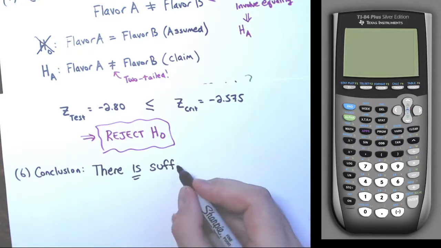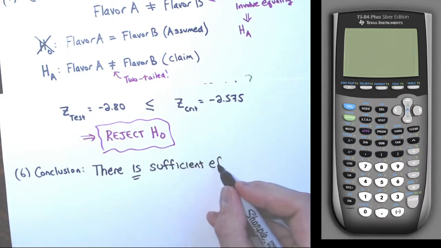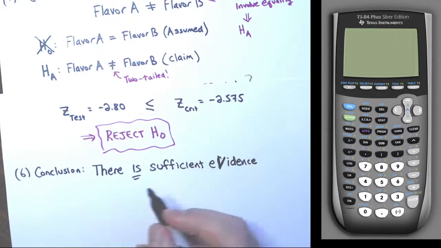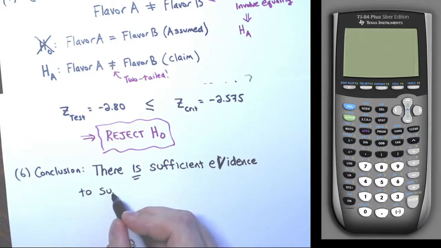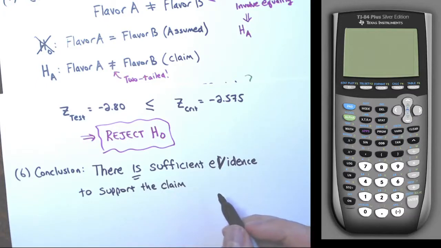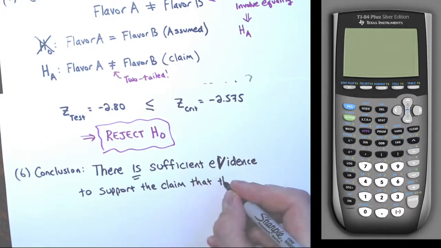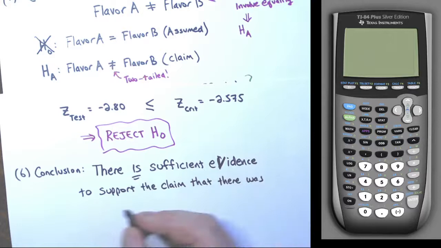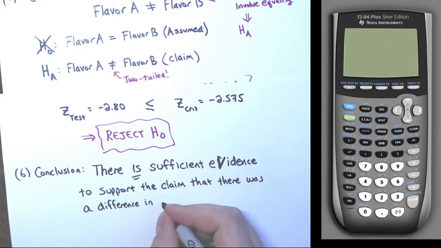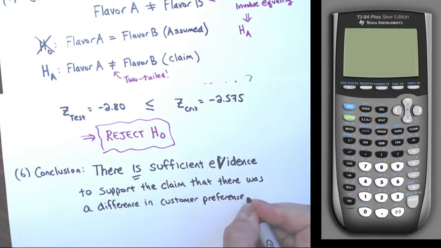You could write that if you want. Or there is enough evidence. There is sufficient evidence to support the claim that there was a difference in customer preference. And that's how I would end it.